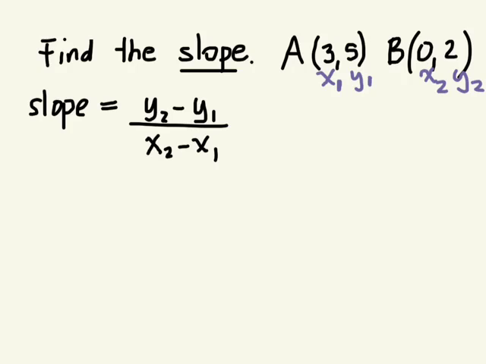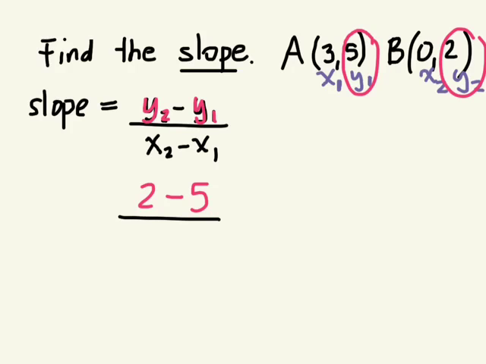Now all we have to do is plug in our values. y2, what did I label as y2? 2. Minus, what did I label as y1? Okay, so 2 take away 5. We're finding the difference in our y values over, what did I label as x2? 0.